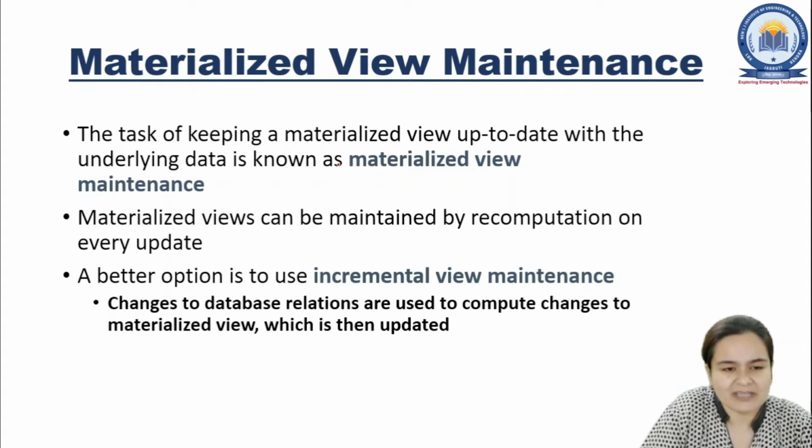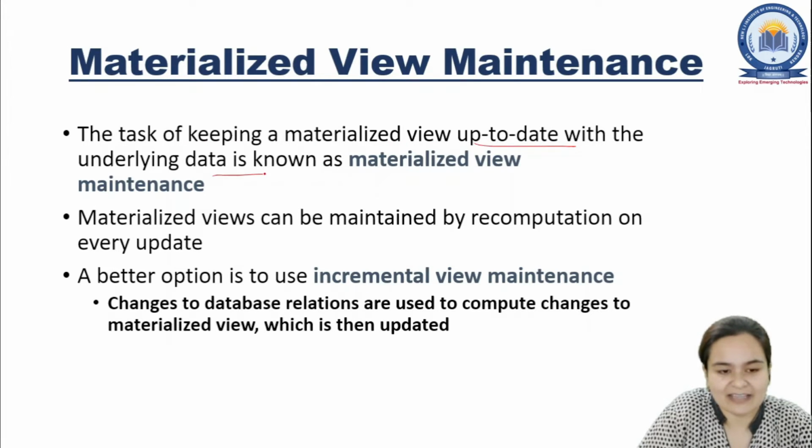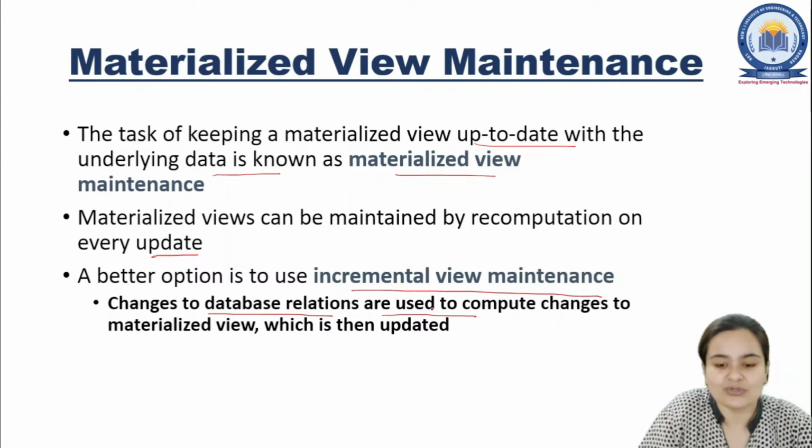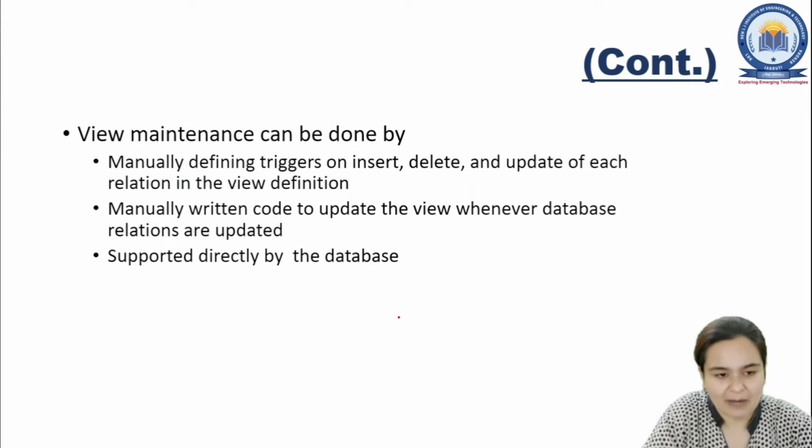Coming to the maintenance of this materialized view, the task of keeping the materialized view up to date with the underlying data is known as materialized view maintenance, and this can be done by recomputation on every update. The better option is incremental view maintenance, where the changes to the database relation are used to compute changes to the materialized view which has been updated.